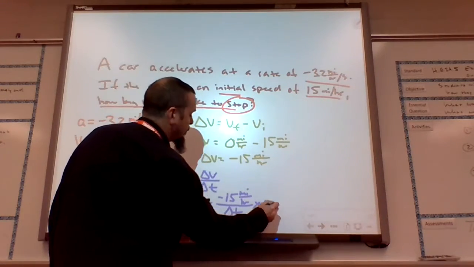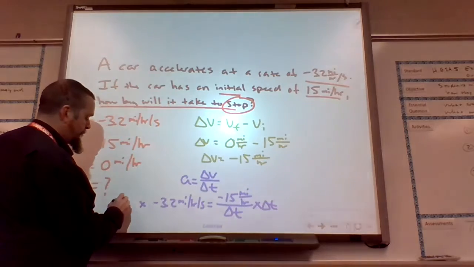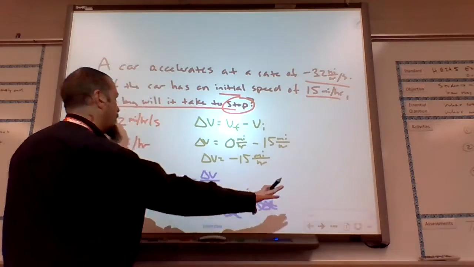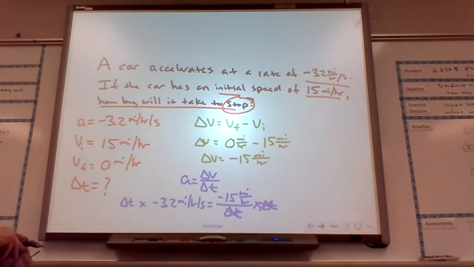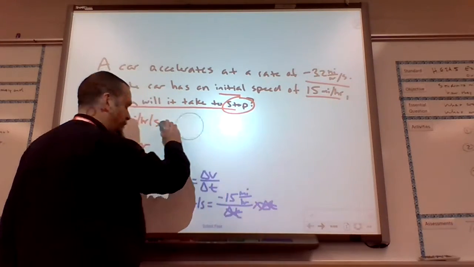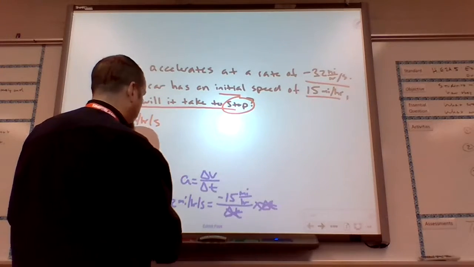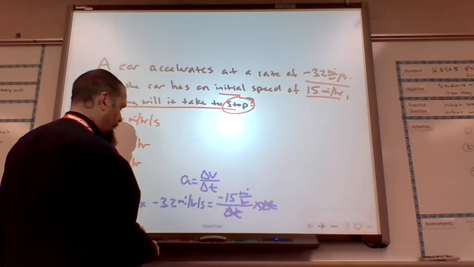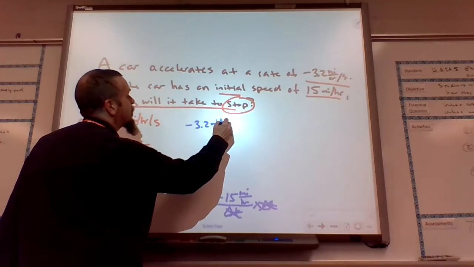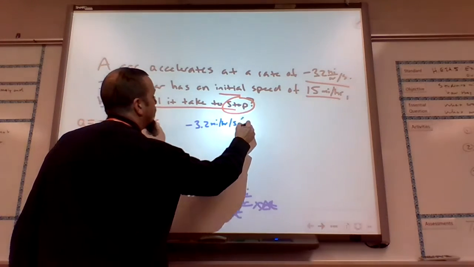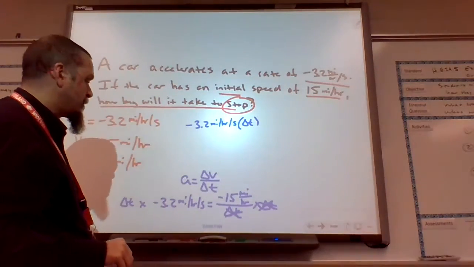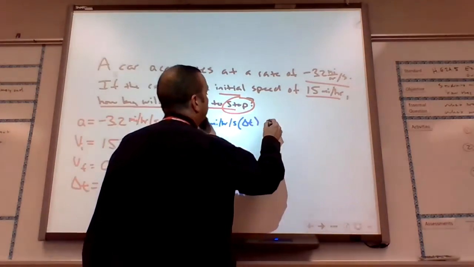Multiply both sides by delta T to do that. It cancels it out on the right and moves it to the left. So I can rewrite this equation as negative 3.2 miles per hour per second times delta T equals negative 15 miles per hour.